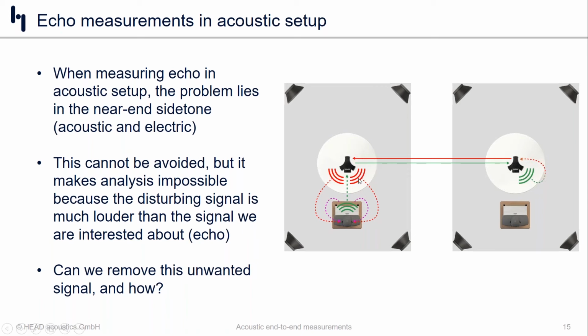Now, if we are trying to measure at the ears of the head and torso the echo signal, the challenge is going to be, sort of shown in purple trace here, that we get a lot of acoustic side tone. And so somehow we need to remove that purple trace, the acoustic side tone, so that we can accurately evaluate what the potential echo components are from the far end device. So, question, how do we do that?